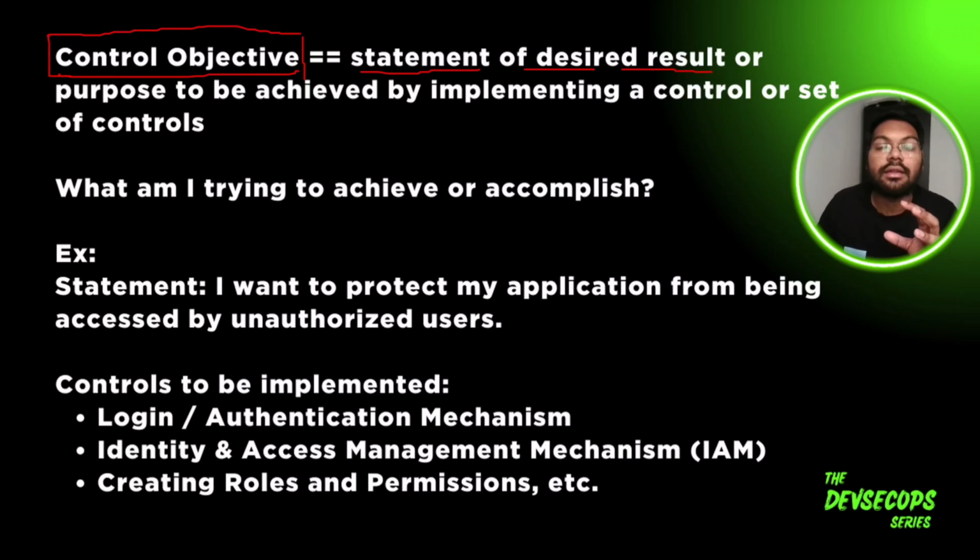And what is the desired result? That no one who is not intended to use that application that is mentioned in the firewall should be allowed to reach my application. Only people who are allowed and authorized would be able to reach my application through this firewall. So that is the desired result. That is the control objective that we have.